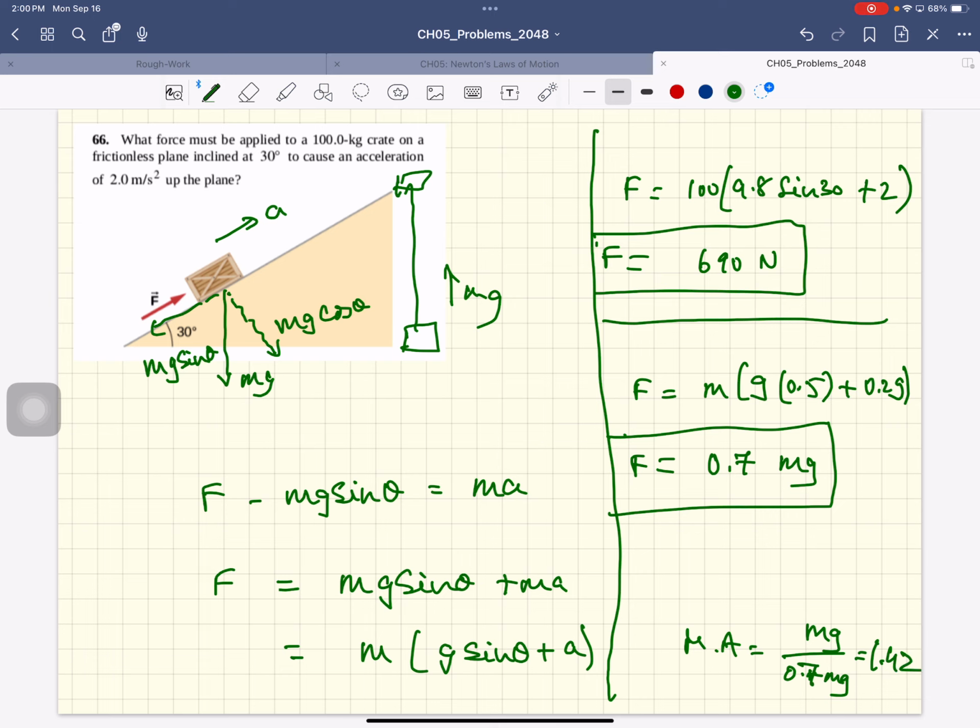So for every pound of force you're applying, you're getting an output force of 1.42 pounds. Okay, so the incline is a simple machine. Can you increase the mechanical advantage of that machine? What would you have to do to increase the mechanical advantage? Lower the angle. Yep, there you go.